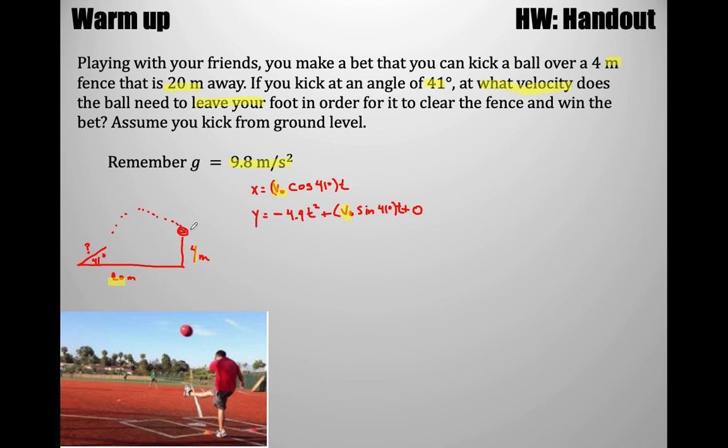I want it to end up going at least 20 meters, and what kind of distance is that? Good, horizontal. So I'm going to go up here and say, you know what? I want the horizontal component to be at least 20. Probably a little more actually.